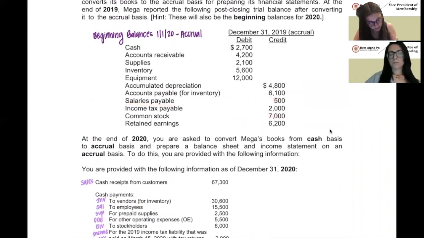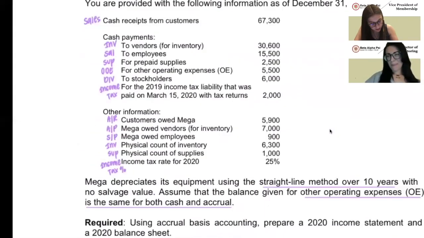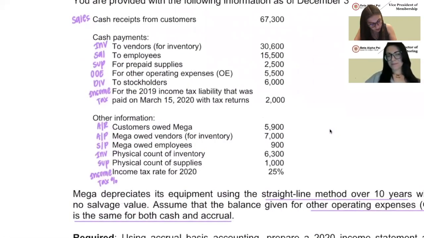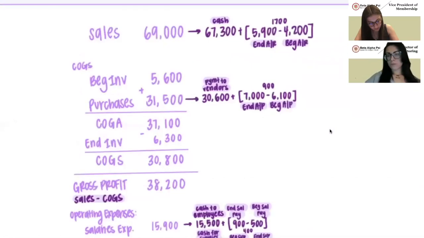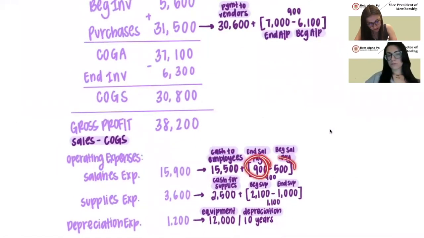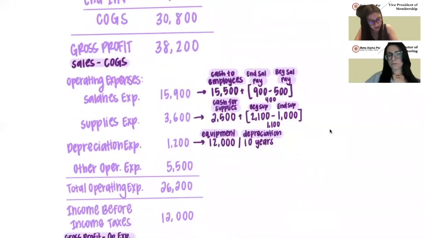Salaries payable, 500. And then our ending salaries payable is what we owed to employees at the end of the year, which is 900. So we're going to do our ending minus our beginning, and we'll get an additional 400 that we need to add to this amount. So our total salaries expense on an accrual basis is 15,900.